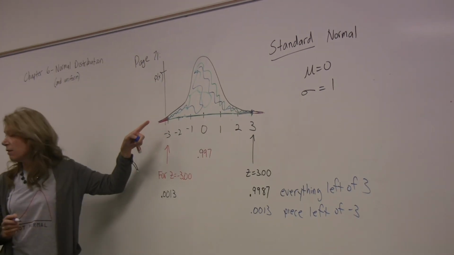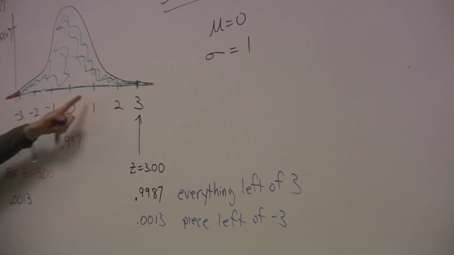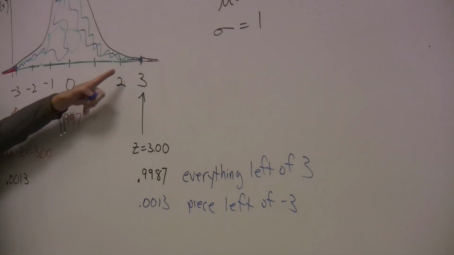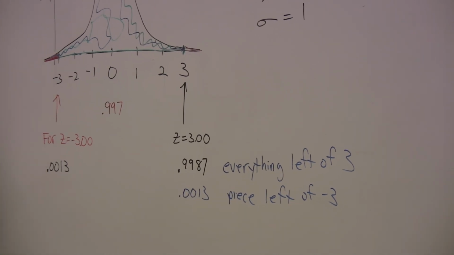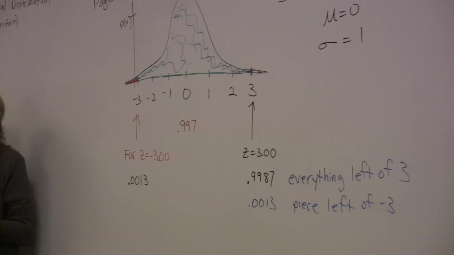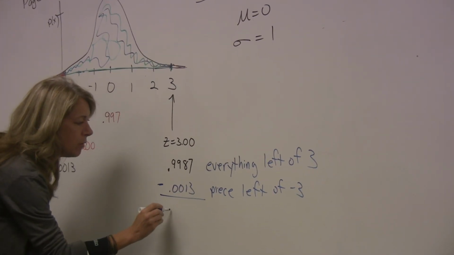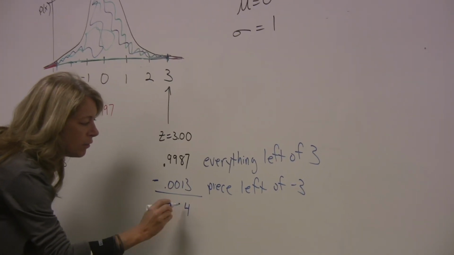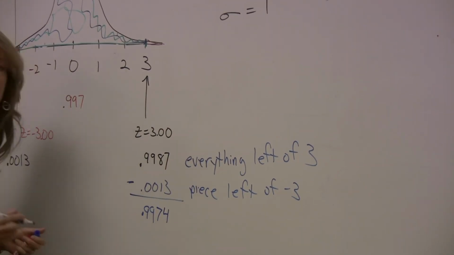That's this little red piece over here. So we agree that if I take this number, which is everything from +3 over, and subtract the little red piece, I'll have exactly my original green one. If I subtract those, we get 0.9987 minus 0.0013, which is 0.9974.